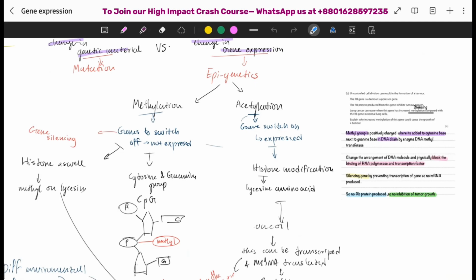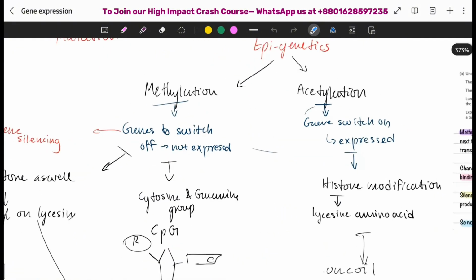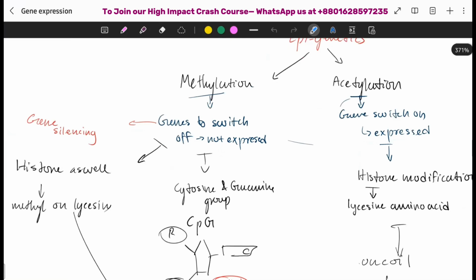So methylation and acetylation. Methylation is adding a methyl group and acetylation is adding an acetyl group. For methylation, the genes will be switched off. And when it's switched off, we know it's not expressed. For acetylation, the gene will be switched on and therefore expressed.